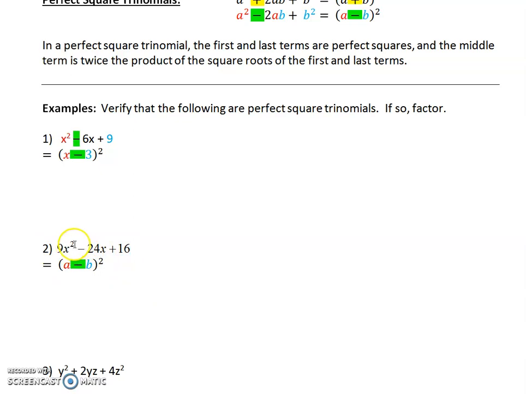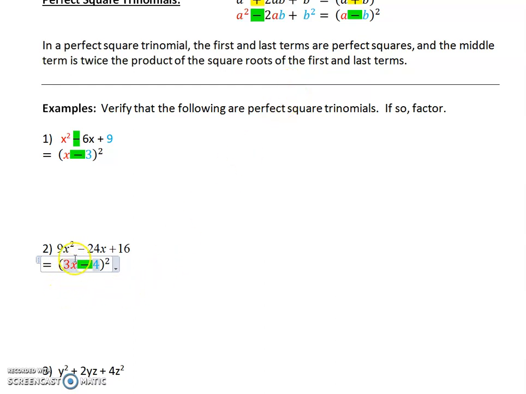But the 9x squared is going to be square rooted into 3x, because 9 square rooted is 3, and x squared square rooted is x. The blue b right here is going to be the square root of the 16, which is 4. Now the way that we're going to check is with the negative 24x. We want to make sure that it's actually equivalent to double the a and the b multiplied together.